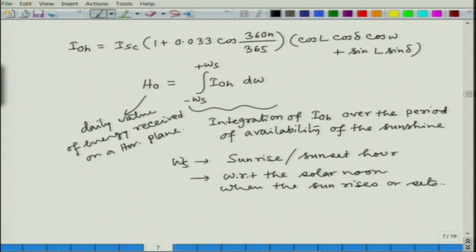Okay. Both of them are equal. If we consider the solar noon, then if the sun rises 5 hours from the solar noon, it will set after 5 hours from solar noon. Okay. So, that is why this plus minus Ws covers the whole day.